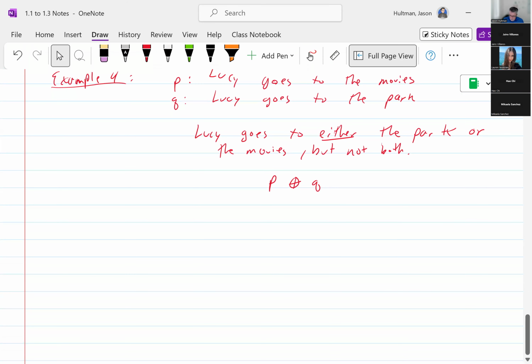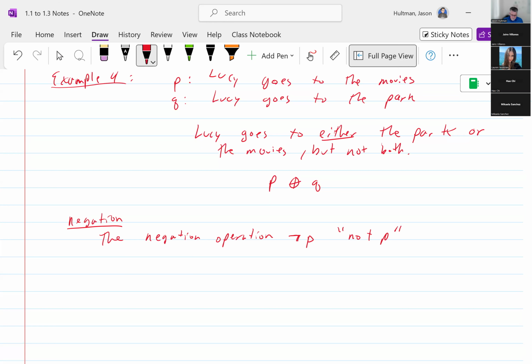Okay, let's talk about negation. The negation operator, which is not P, reverses the truth value of the proposition.